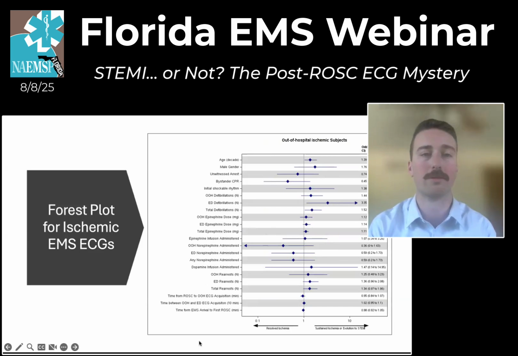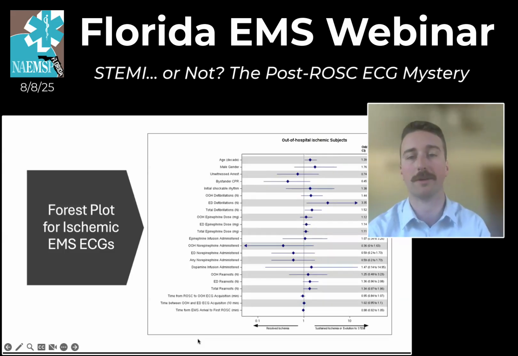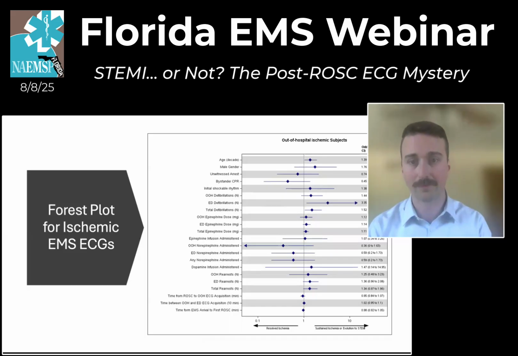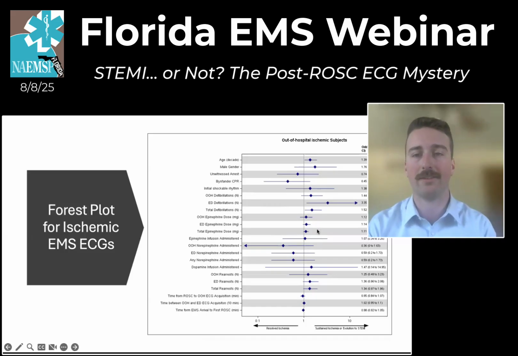These are all the same parameters we looked at for our STEMI patients. The only things that we found statistical significance to have an increased likelihood of sustained ischemia or evolution to STEMI for our ischemic patients was defibrillations, and that signal you can see here.